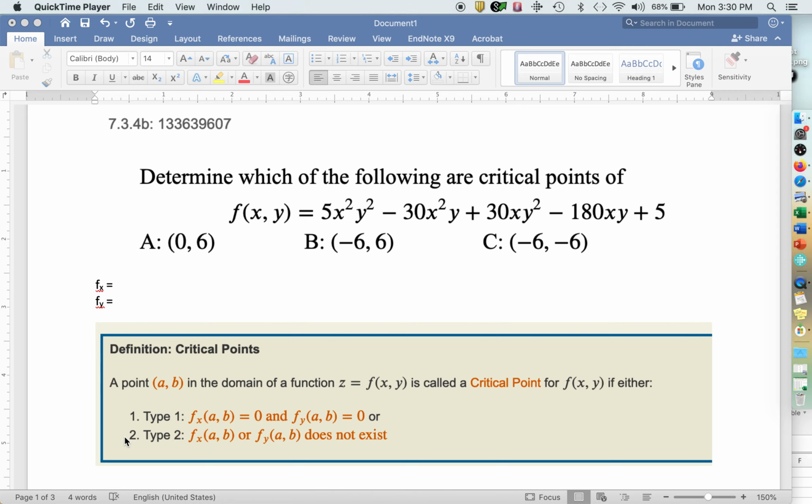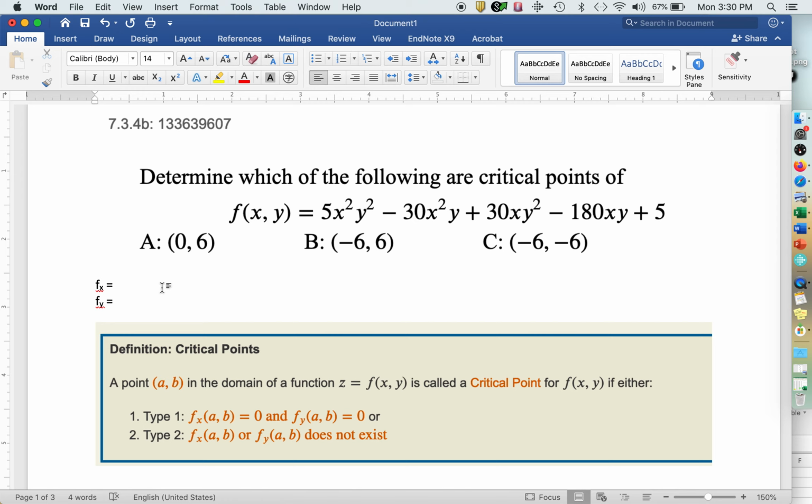In mathematics the word or can mean and/or, but if f sub x or f sub y doesn't exist at that point, then that would be a critical point. The vast majority of what we will deal with in this class will be type 1 critical points, where both f sub x and f sub y are 0 at that point. So with that in mind, let's go ahead and find our f sub x and our f sub y.